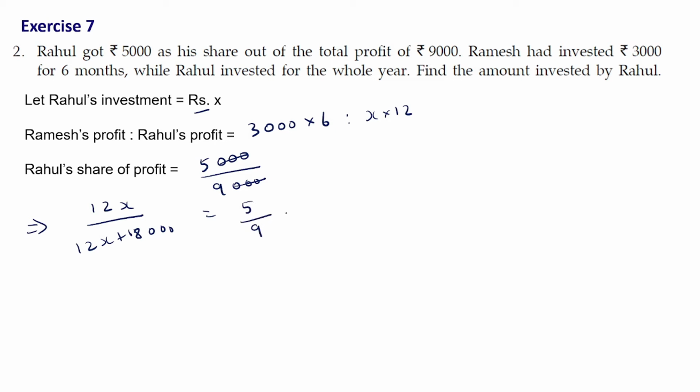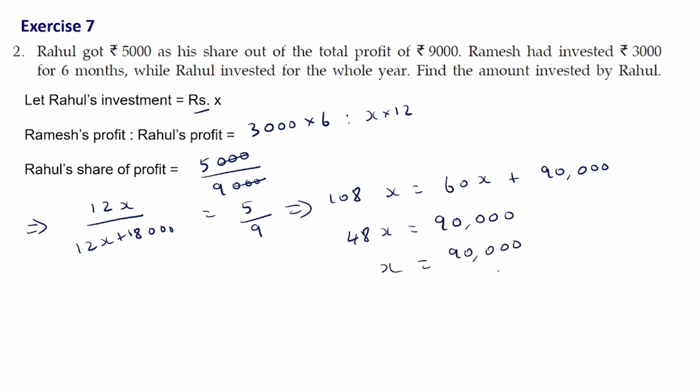From this we can calculate x. So we get 108x is equal to 60x plus 90,000, or we have 48x is equal to 90,000. X is equal to 90,000 upon 48.